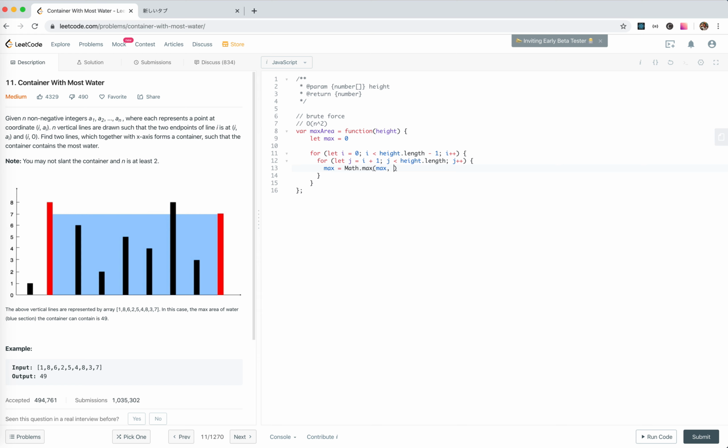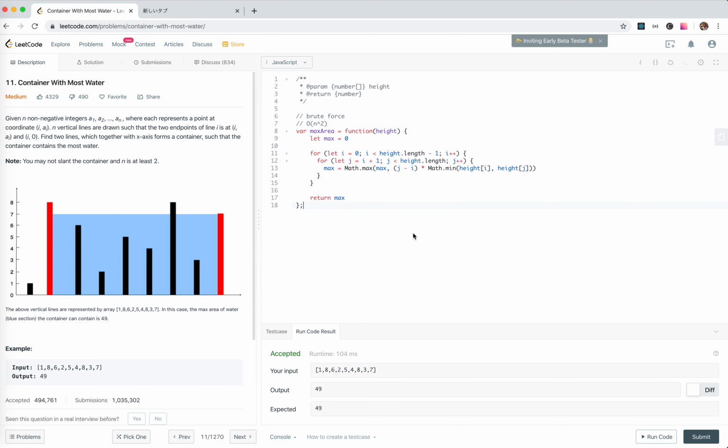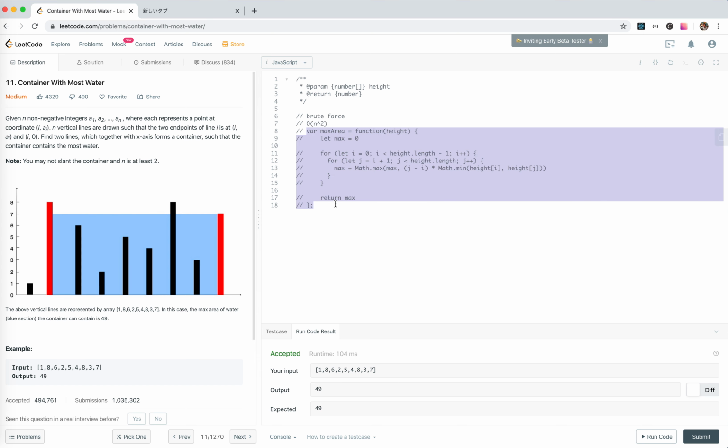We will calculate the water. First, we need the distance, j minus i, times Math.min of height i and height j. Okay, so this should be working, right?